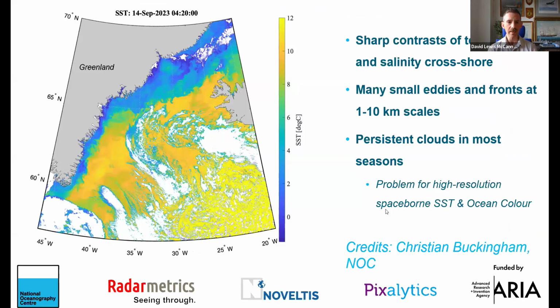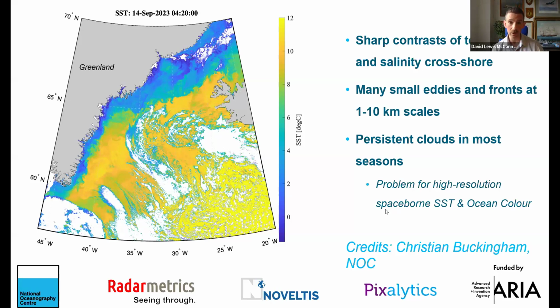So this region on the east coast of Greenland is absolutely fantastic for dynamics. This is a Sentinel-3 sea surface temperature image from 2023. And you can see these wonderful sharp contrasts and gradients of temperature, which also correlate with salinity in this case.